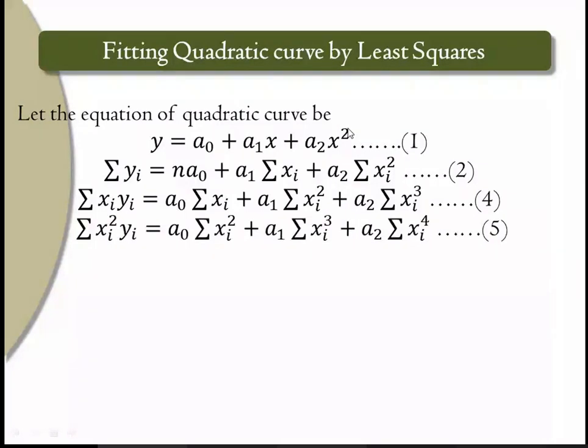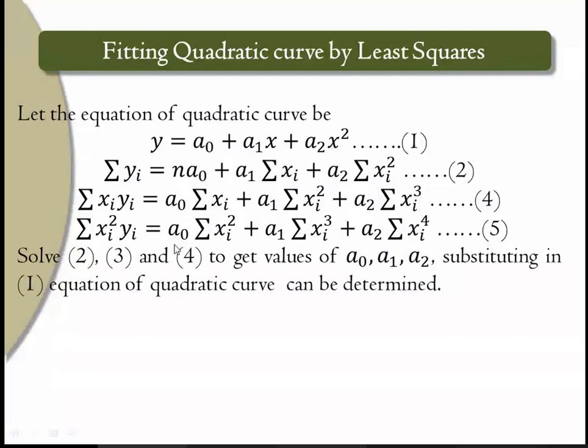And if we take the summation of that, it becomes summation x square y equal to a naught summation x square, a1 summation x cube plus a2 summation x raised to 4. And now we get the three equations in terms of three unknowns, a naught, a1, and a2. Now solving these three equations simultaneously, we can get the values of a naught, a1, and a2. And substituting them back into the first equation will give us the equation of the quadratic curve.